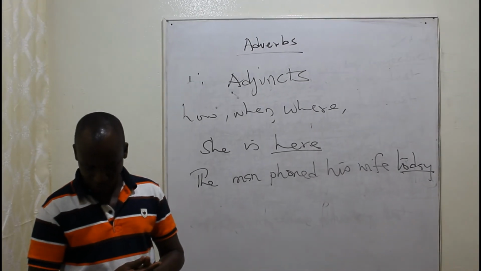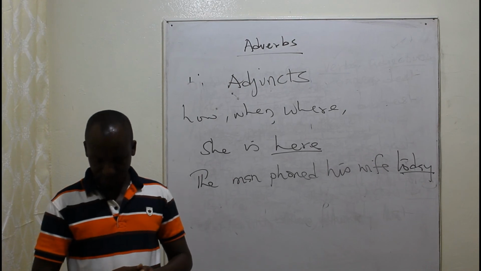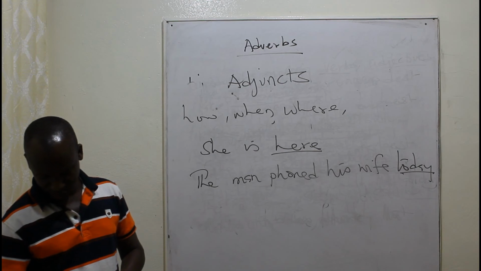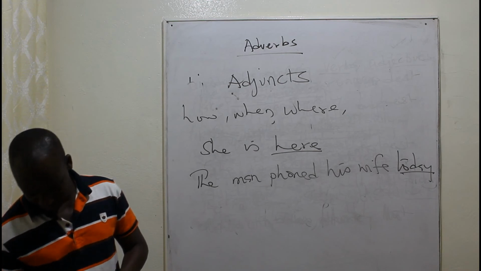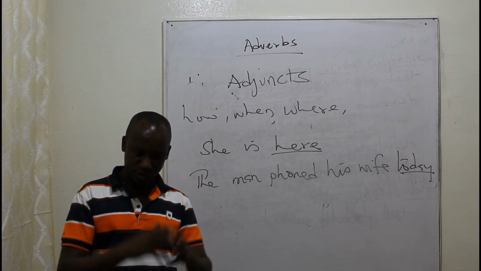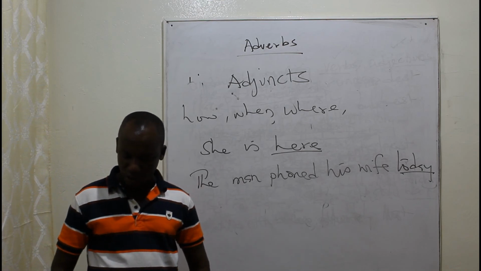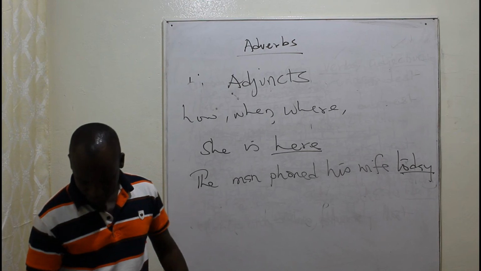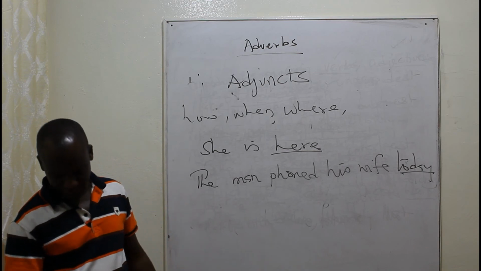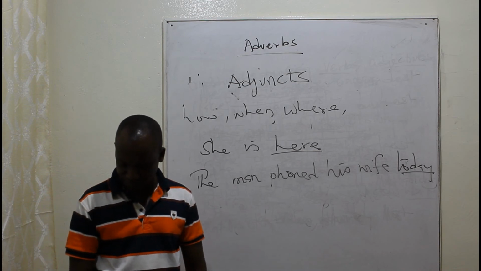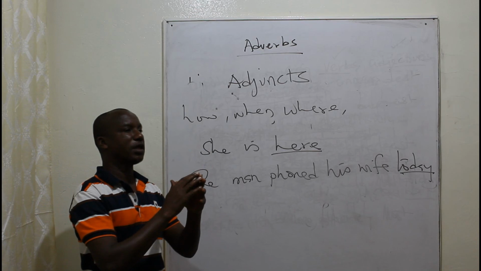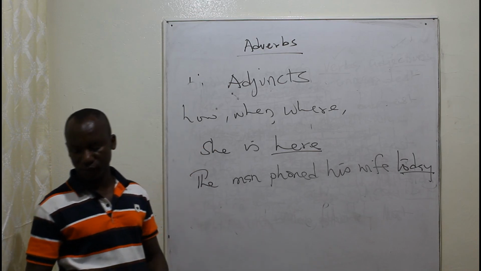Then we can have the focus adjuncts, which indicates that what is being communicated is limited to the part that is focused. An example is, he got a prize just for sending in a text message. Or the lecturer used the term simply to get them confused. That is the focus.